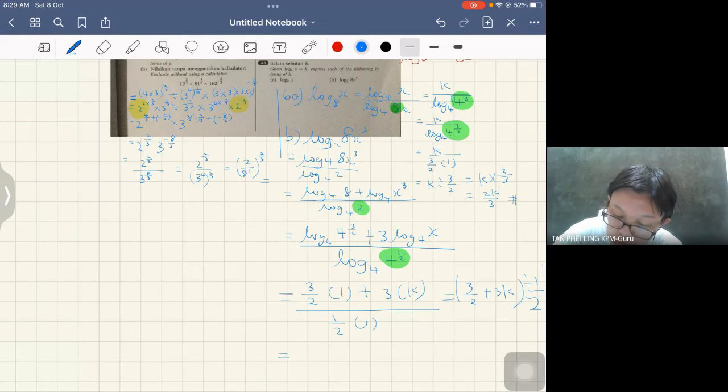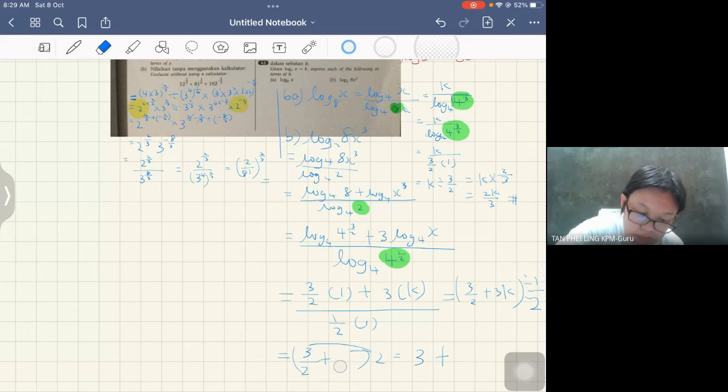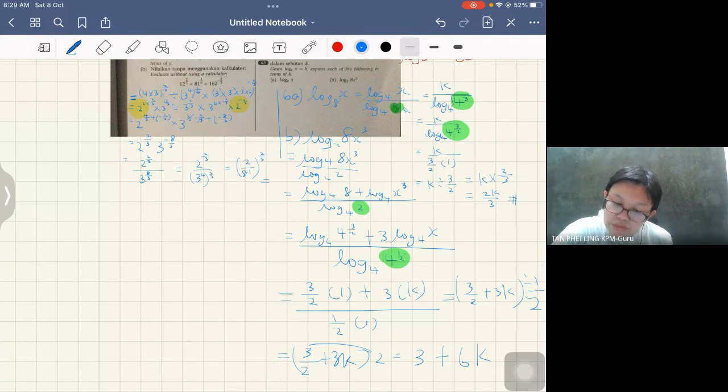So this whole thing here, divided by half means times 2. This one times 2 to both. So 3 times half times 2, you will get 3, and then you will get here 3k times 2 becomes 6k.